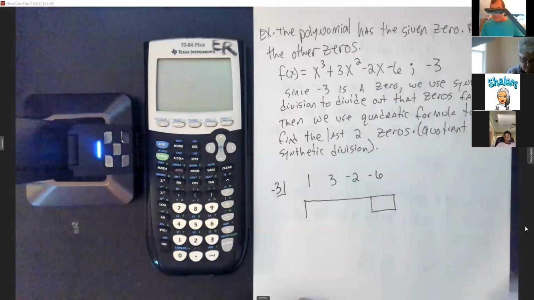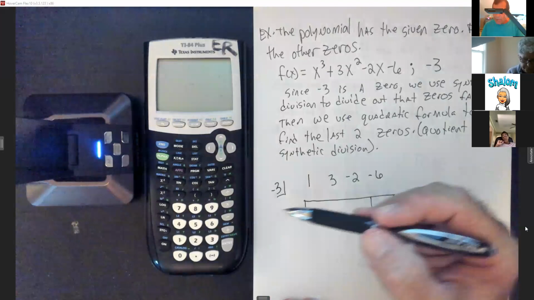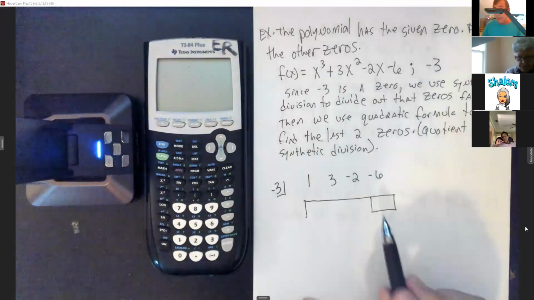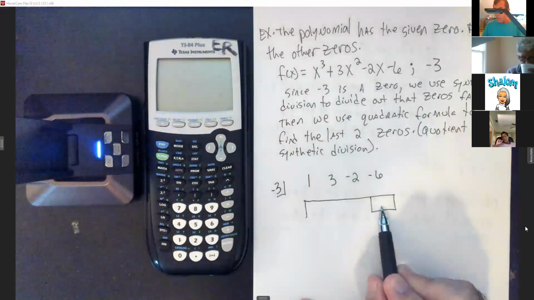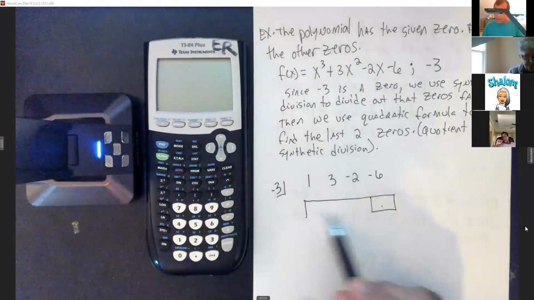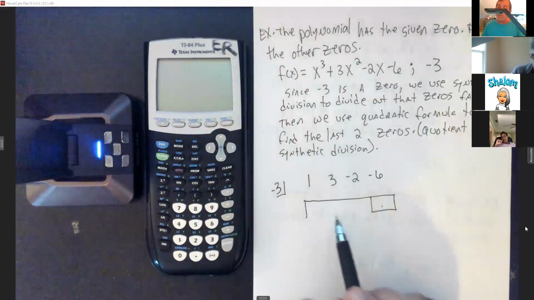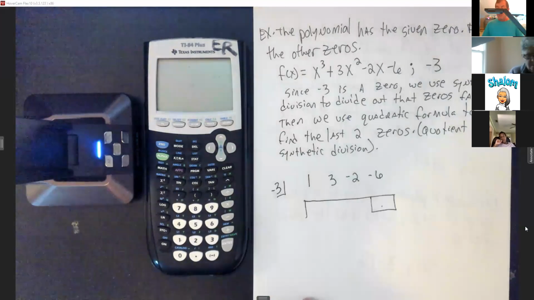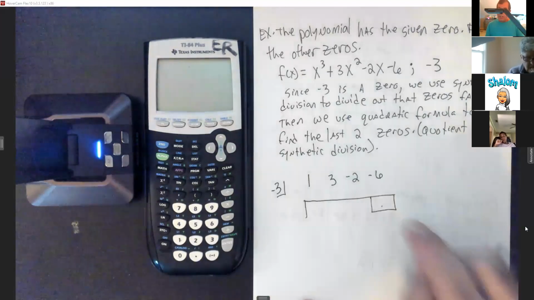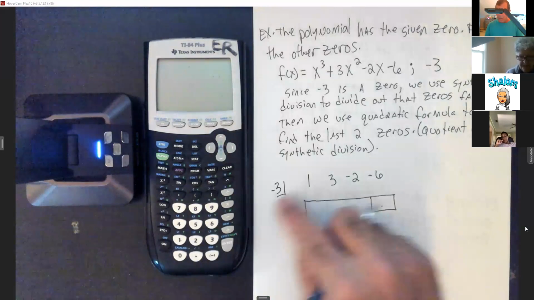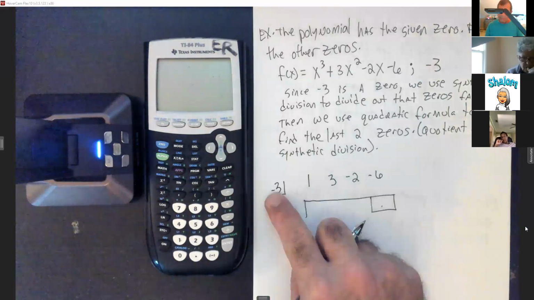Now, since -3 is a zero of this problem, after synthetic division, we better have a zero here, okay? So what we'll do, since there will be three numbers under the box here, those three numbers I'm going to use as my ABC for my quad. So if you don't get a zero here, you've done something wrong, so you better start over, because since -3 is a zero, I got to get a zero here, okay?